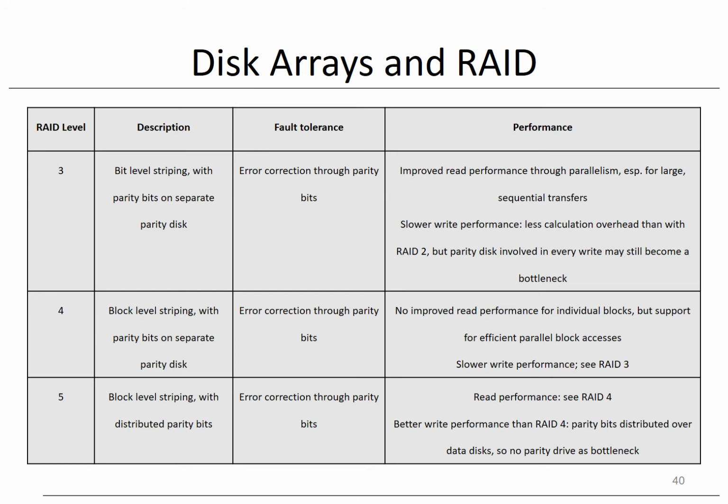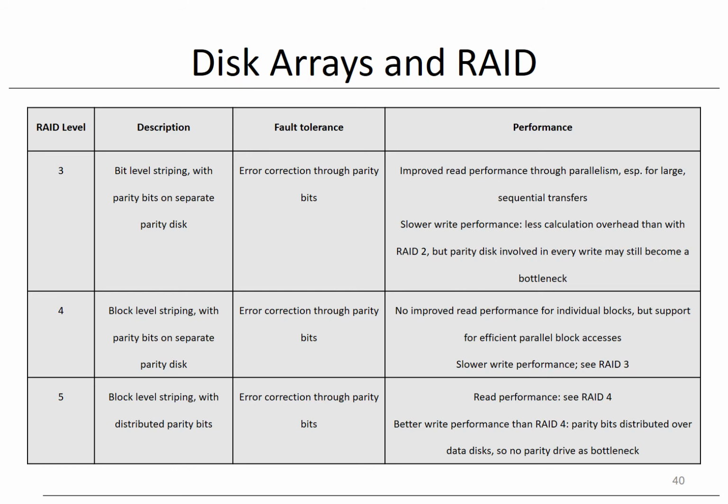Bit level striping with parity bits on a separate parity disk. Error correction through these parity bits. Improved read performance through parallelism, especially for large sequential transfers. However, slower write performance, though less calculation overhead than with RAID level 2. But the parity disk involved in every write may still become a bottleneck.